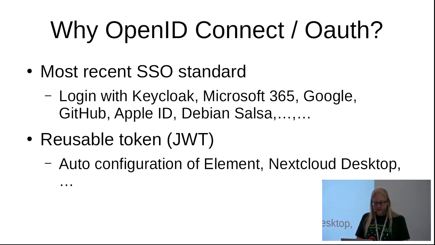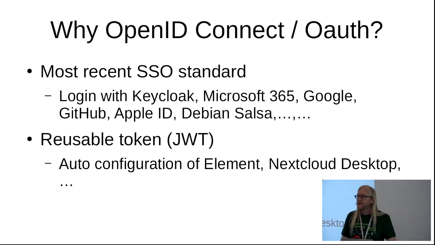And basically this is what works in the background if you log into some site against a Keycloak service or against Microsoft 365 or your Google account or GitHub, Apple ID or Debian Salsa. We get a reusable token.